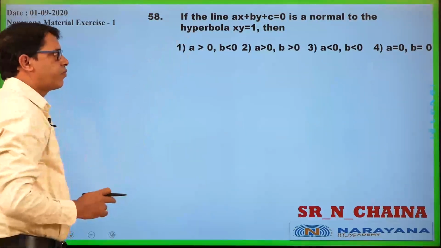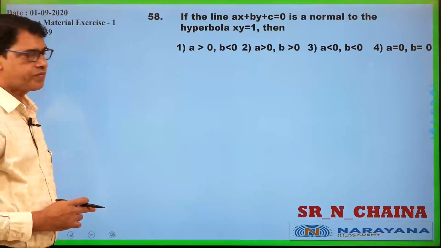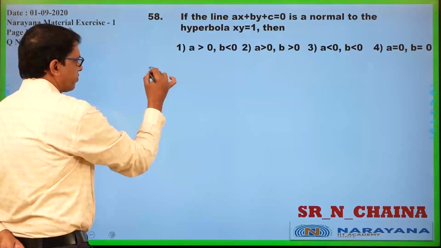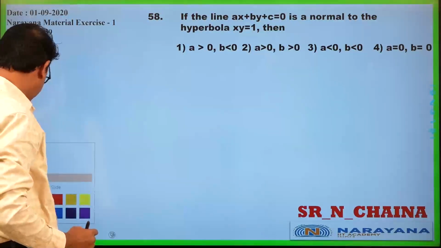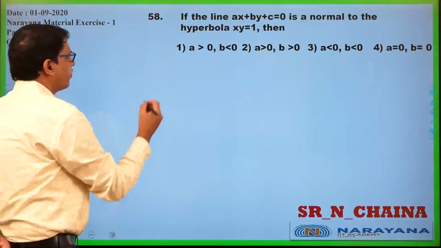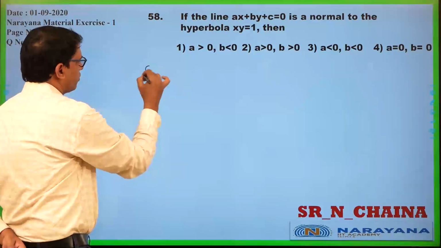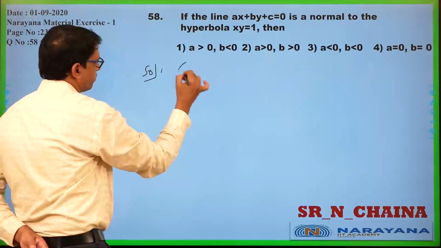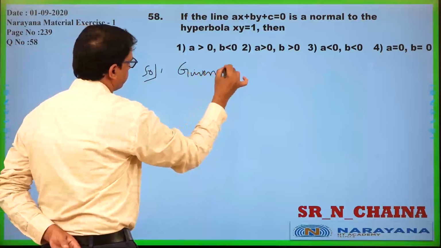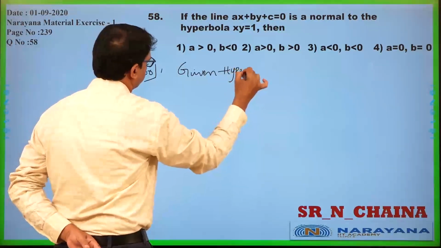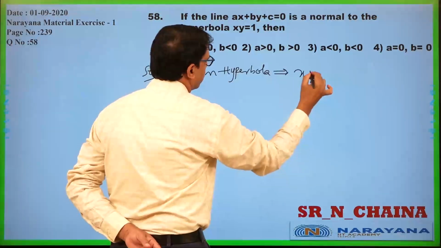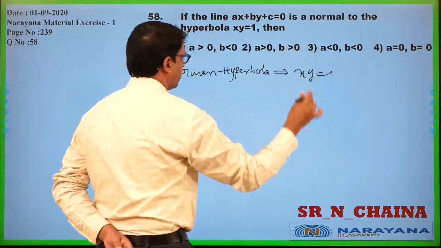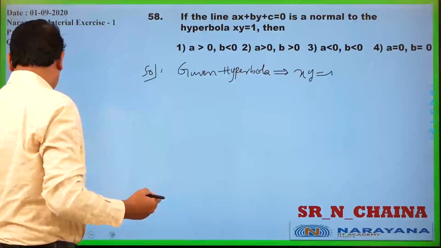Now here, see, first take the hyperbola. So what is given? So here the given hyperbola is xy equals 1.